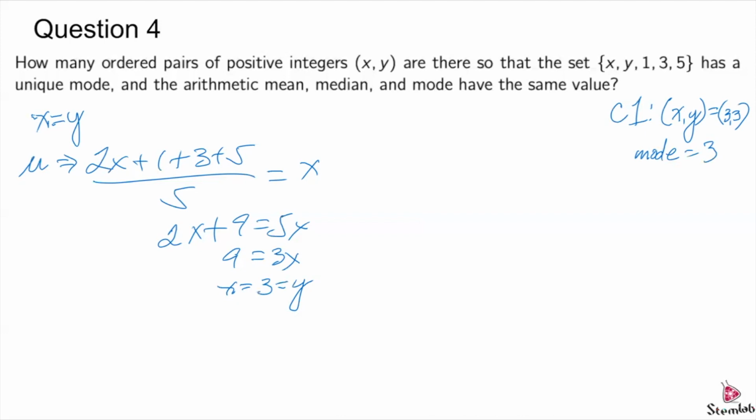The only cases left are the mode being 1 or 5, meaning one of x and y is 1, and the other could be a different number, or one of x or y is 5 and the other could be a different number.